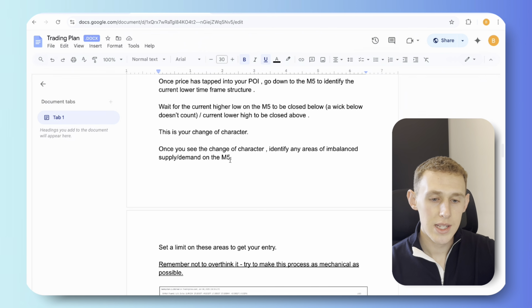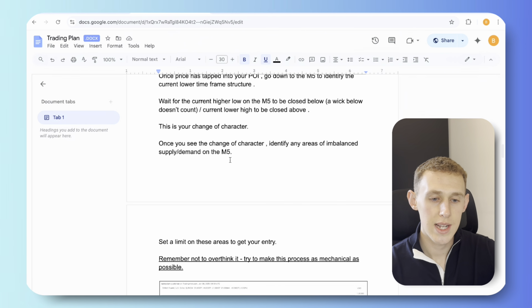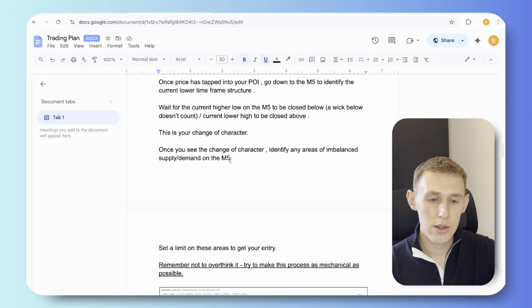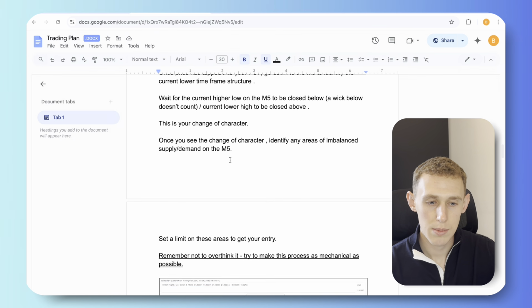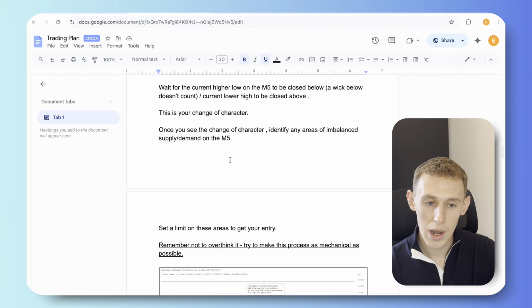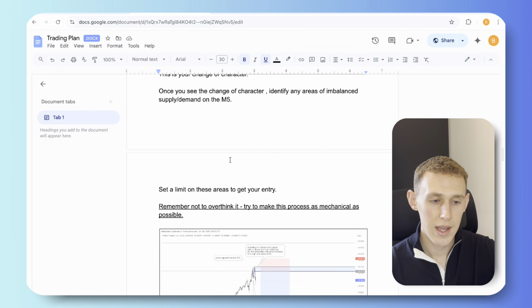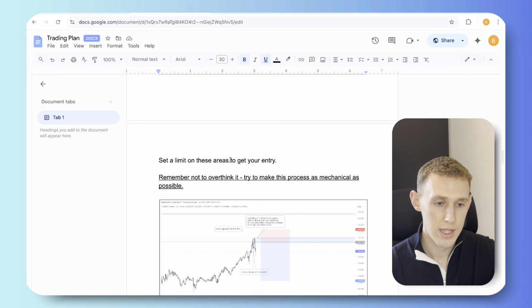So if higher time frame is bullish and price has retraced into a demand, M5 is going to be bearish. So what we're waiting for is for the M5 to simply flip bullish, and all we're looking for here is for price to break the most recent lower high in the case of a buying opportunity and break the current higher low in the case of a selling opportunity, right?